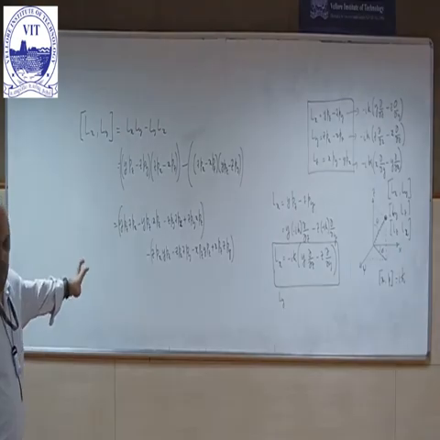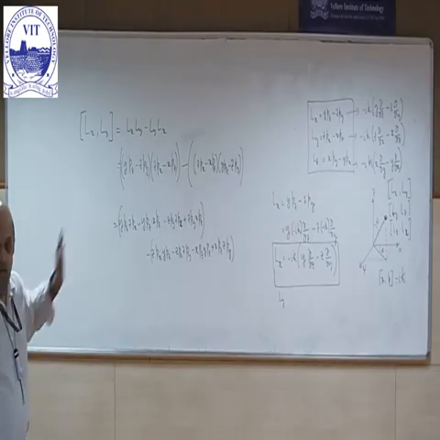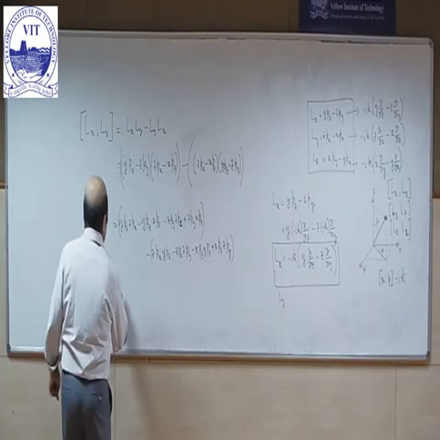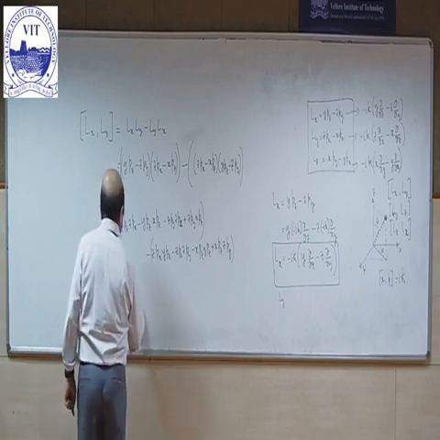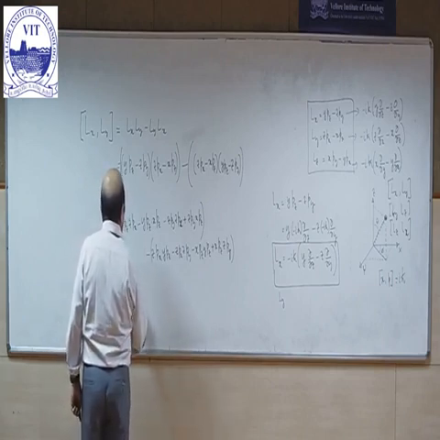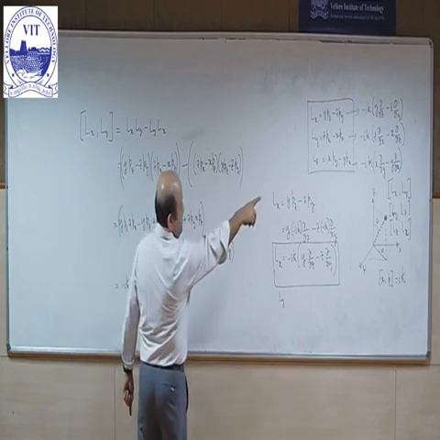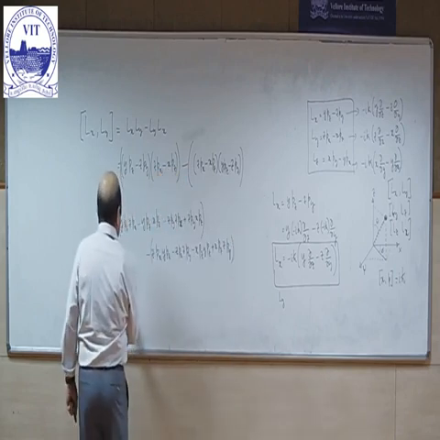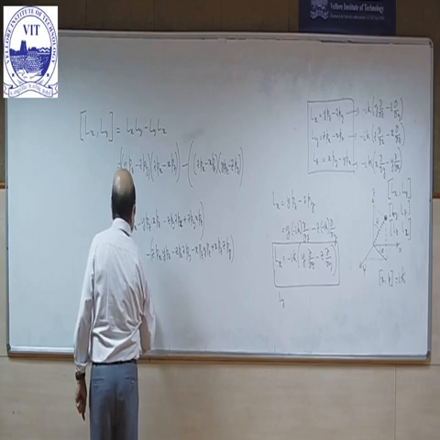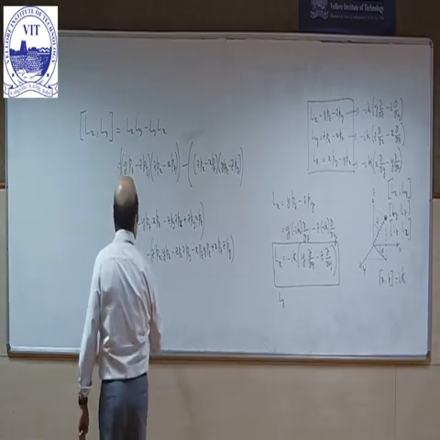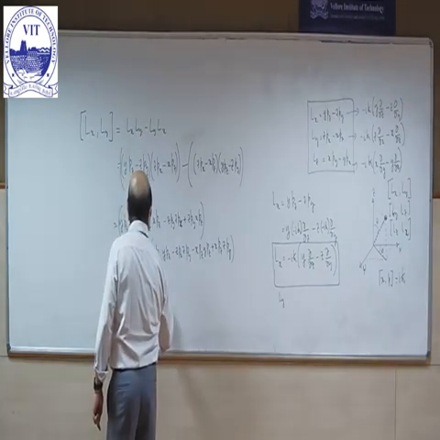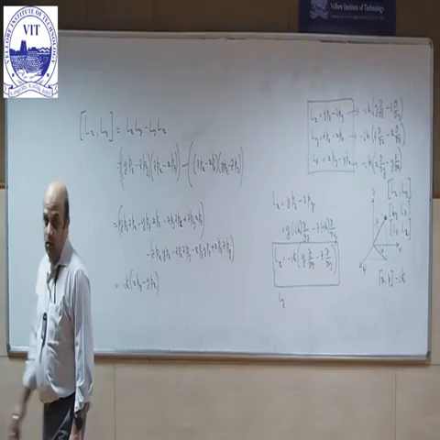There are a few terms which will cancel out. What remains is only minus iħ Lz. That means it is z, so x py minus y px.